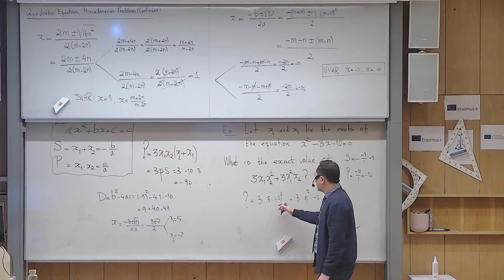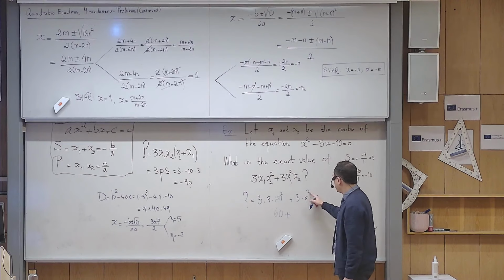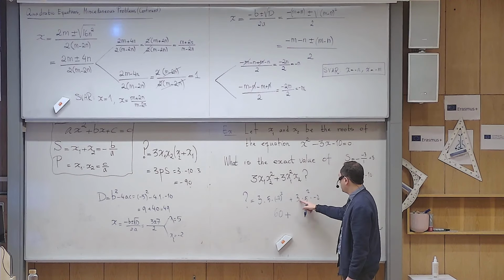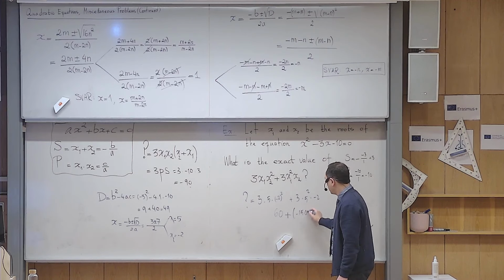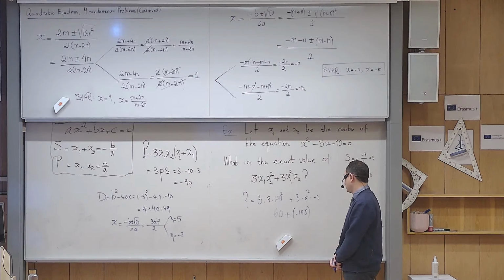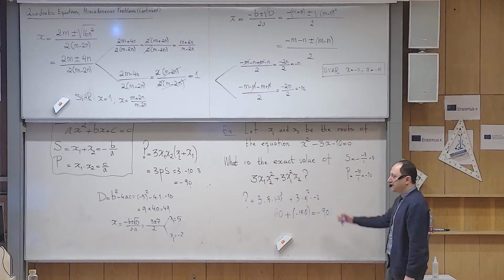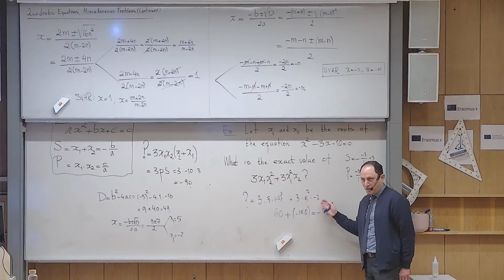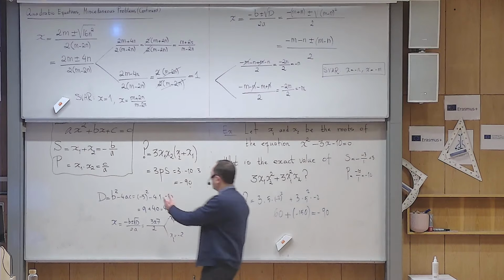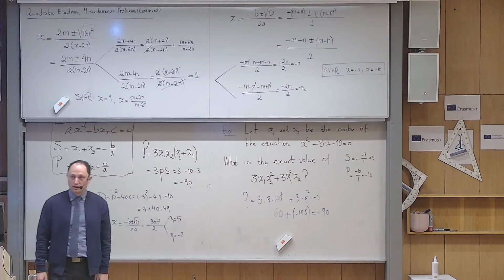Okay, so that was my bad. 25 times 3, 75 times minus 2, 150. But what's the answer? 90. Ah, yes, that's correct. Minus 90. So you see, there is a matter of mistakes sometimes here. But here you don't need to be worried because you just write it in terms of P and S.